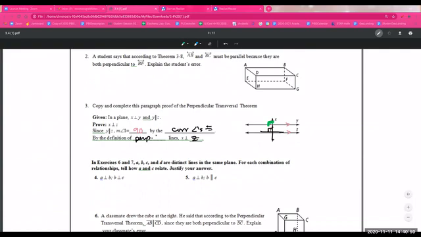So basically what you would say is that you know that the measure of angle 1, which is this one, is 90 because it's a corresponding angle. You know that this is 90. So if these lines are parallel, corresponding angles are 90. They're both 90. And by the definition of perpendicular lines, and since this is 90, X is perpendicular to Z.